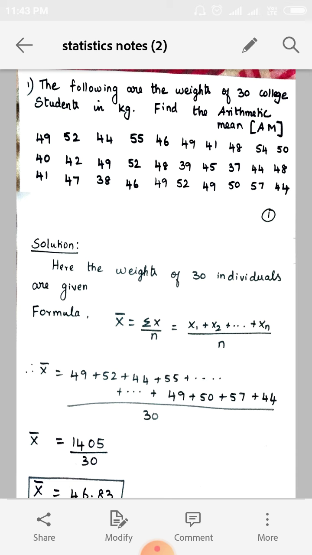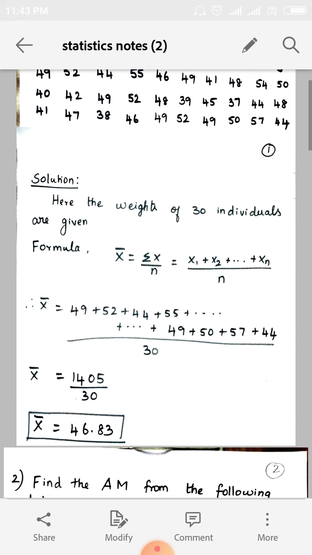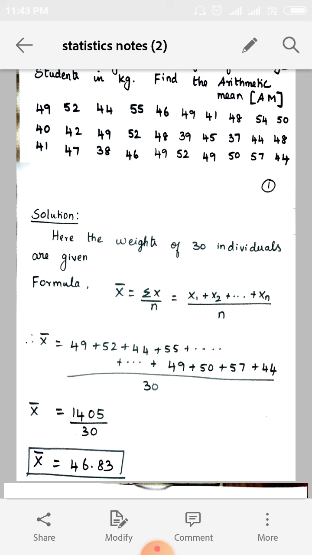And the second one, for the discrete type, x bar is equal to summation fx by capital N. And the third one, for the continuous type, x bar is equal to a plus summation fd by n into c. Today we are going to see some problems in the raw data, the discrete type and continuous type problems.